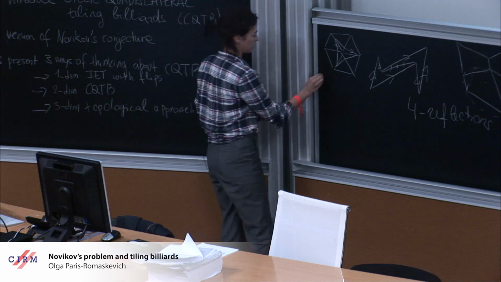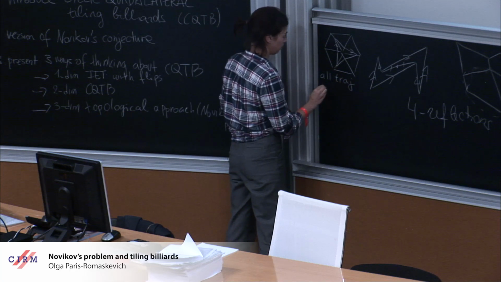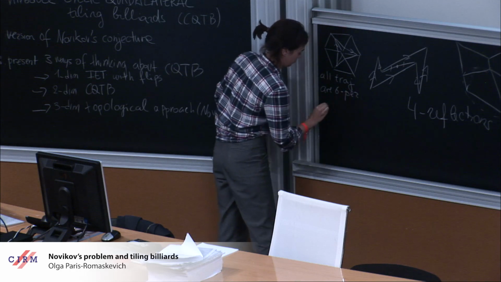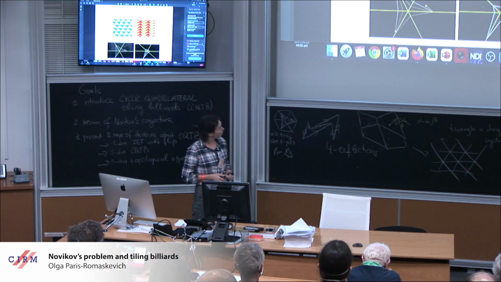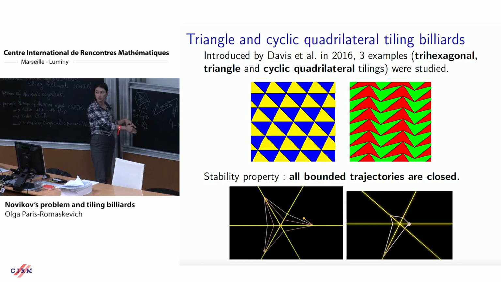All trajectories are 6-periodic for equilateral triangle billiard. But even if you change the angles of the triangle, it still will be true.